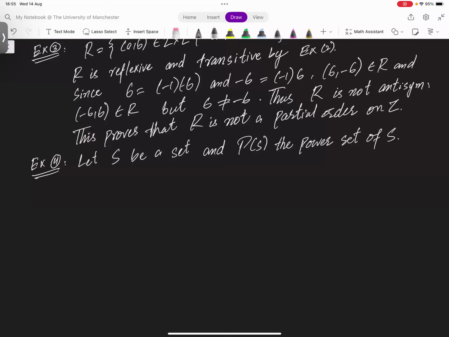Let R be a relation on the power set that takes two sets from the power set and makes an ordered pair (A, B), given that A is a subset of B. This relation is on the power set of S. We show that R is a partial order on P(S).